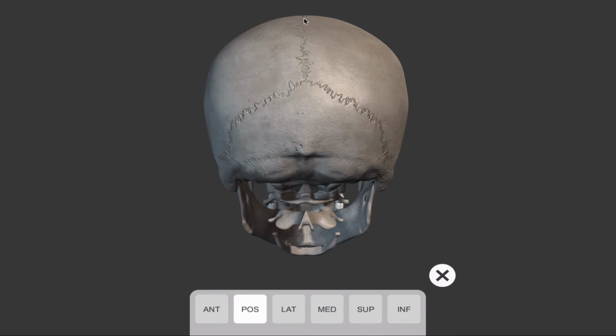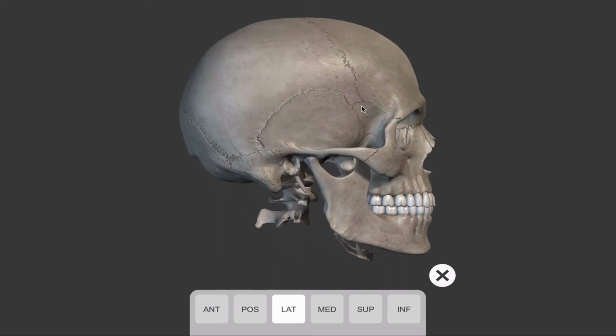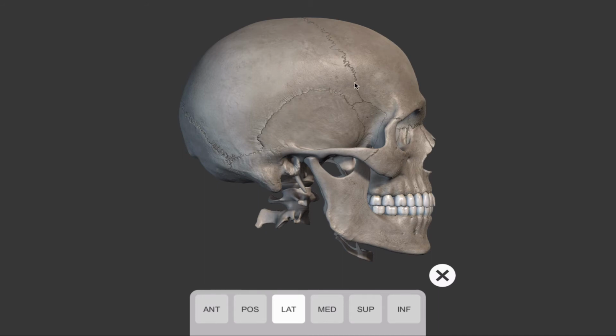So first off, this suture right down the center that runs in the sagittal plane is called the sagittal suture. That's easy enough. This suture right here, separating the parietal from the frontal bones, runs in the coronal plane, and it is also called the coronal suture. So those 2 should be easy to remember.